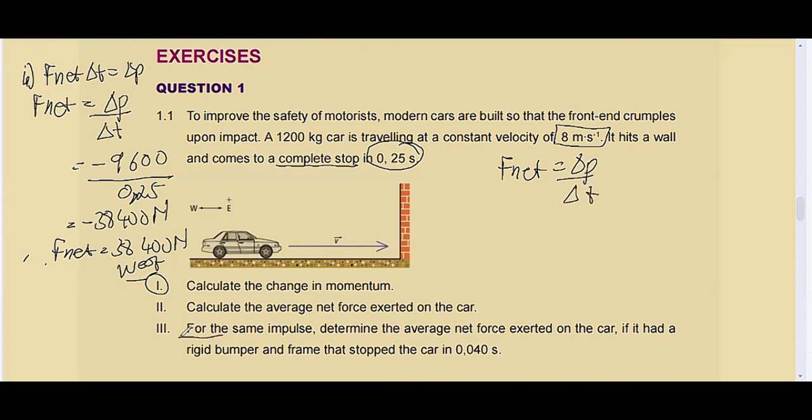But note this, for the same impulse. Using the impulse momentum theorem, we know that the change in momentum of an object is equal to its impulse.